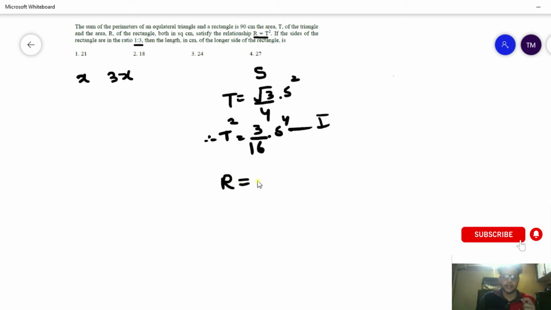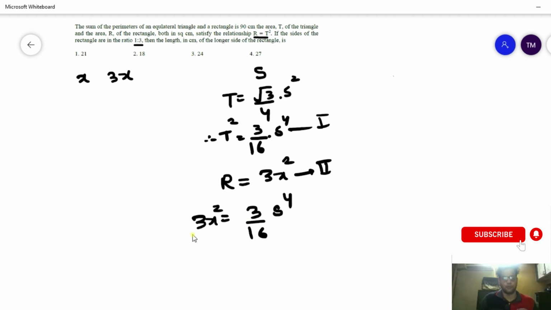Area of rectangle is length into breadth, so that becomes x into 3x, 3x square. So this becomes my second equation. So let's try to equate equation 1 with equation 2. R is equal to T square. That means 3x square is equal to 3 upon 16 S raised to 4.